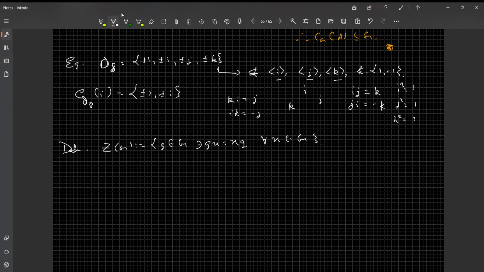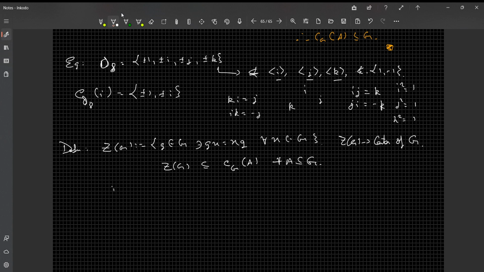Now, from this definition, Z(G) is called the center of G. It consists of all those elements which commute with every element in G. So by definition itself, Z(G) must be a subset of the centralizer of the subset A for all subsets A.